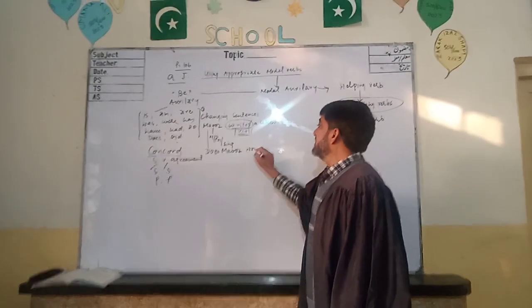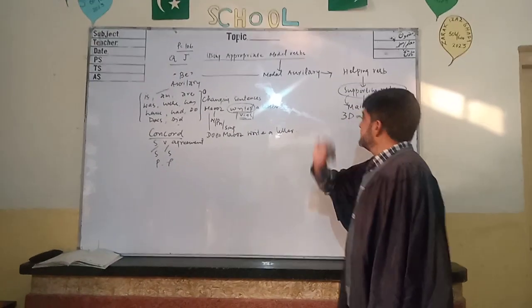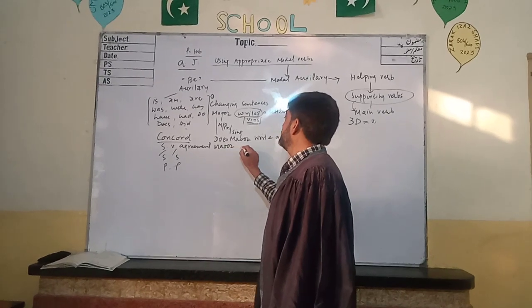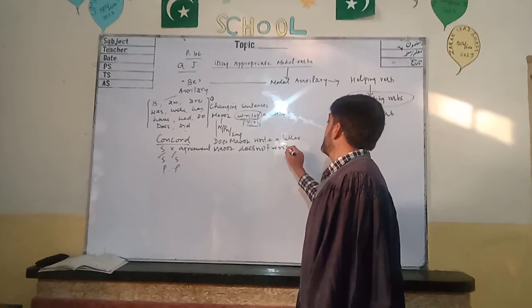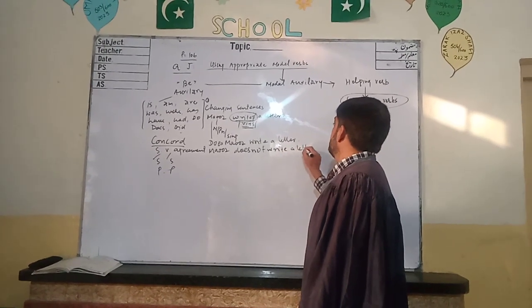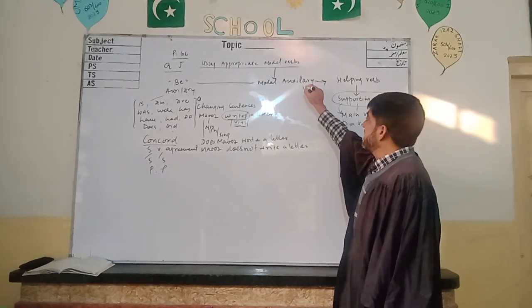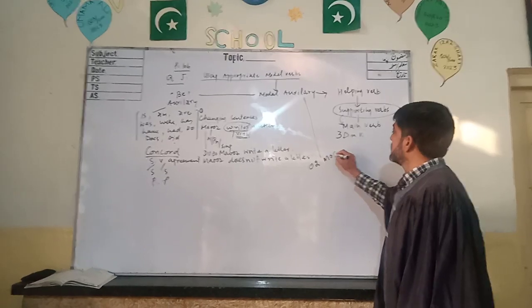Does Mouse write a letter? Does Mouse, the verb is equal to V1. Then, Mouse does not write a letter. But the case is different with modal auxiliary. They have two modes.